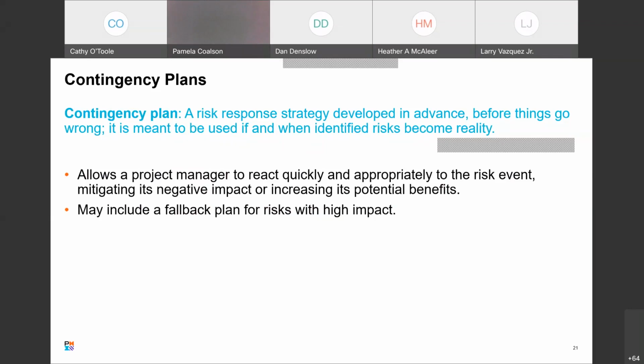So a contingency plan, from a funding perspective, is when you're planning your project and planning the costs, you might add, I don't know what the percentage would be, 10% of your overall cost for the project, just in case any negative impacts occur.